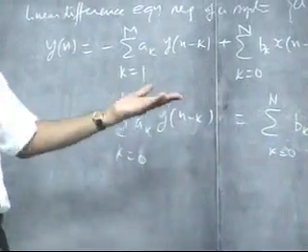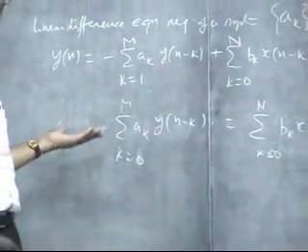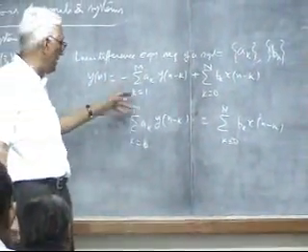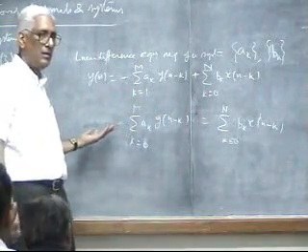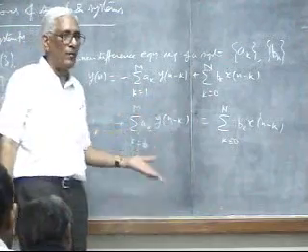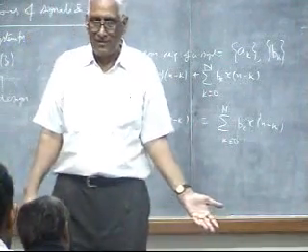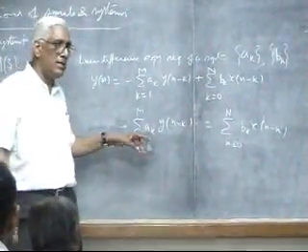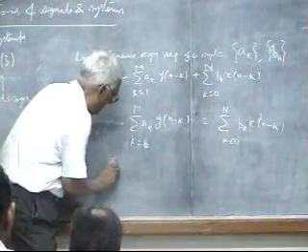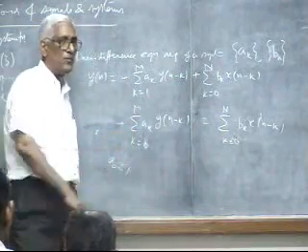You see, both are the same. That is the reason why I put minus here. You understand what I say? a0 into yn, with a0 as 1. That is how you obtain yn here.